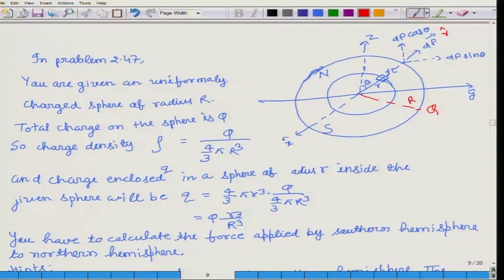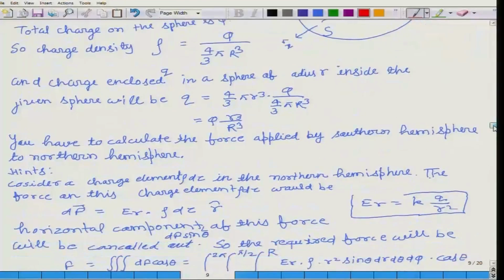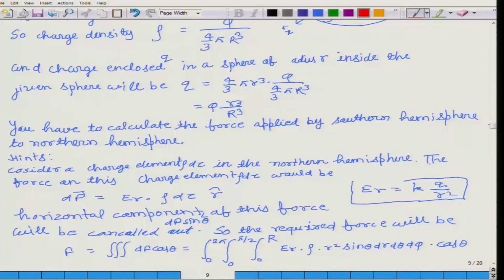So, to find out the force due to the southern hemisphere on the northern hemisphere, you have to add these forces. Adding means you just integrate this force, that is dF cos theta.